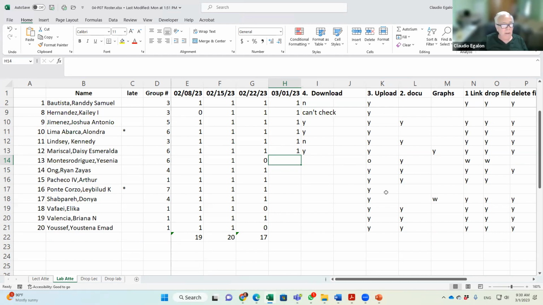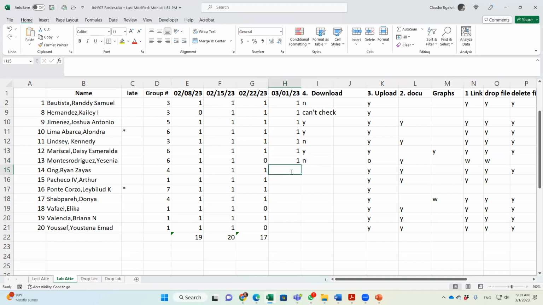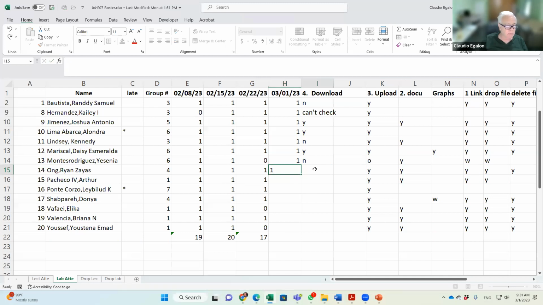Okay, do you see the file there in your group folder? No? Okay. So Ryan Ong, are you there? I have it. Okay, so you see the file there. Your group is number 4.